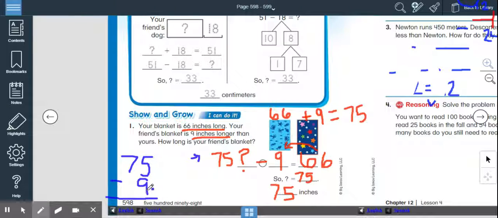Oop, we know we can't do that. Go next door and get 10 more. The 7 becomes a 6, and the 5 becomes a 15. That's right. 15 take away 9 is 6. I'm going to squeeze it down there, and 6 take away nothing is 6. So yes, we did get 66.